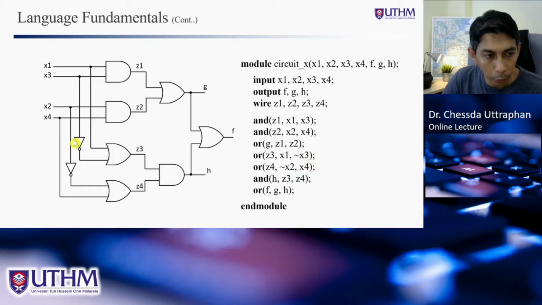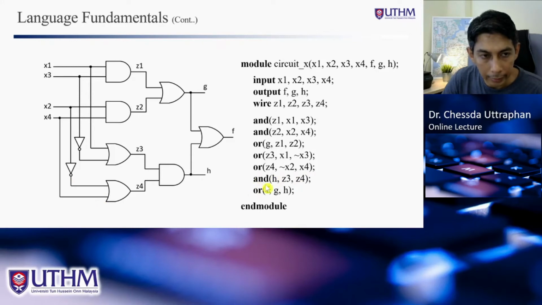Because we don't want to describe these NOT gates explicitly, we can describe them implicitly, where we use this symbol to represent NOT. It means that this signal is inverted. X3 is inverted before it goes to this gate. We can use this rather than using NOT. For XOR number 2, we have Z4, not X2, which is this one, and X4. For this one, H has Z3 and Z4.